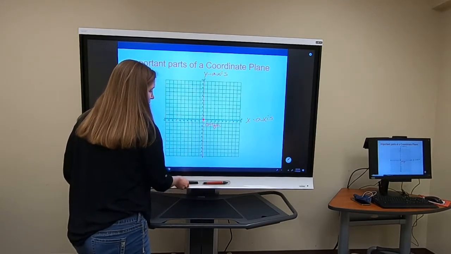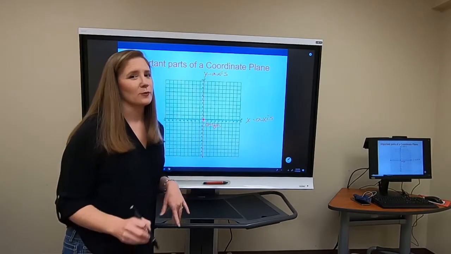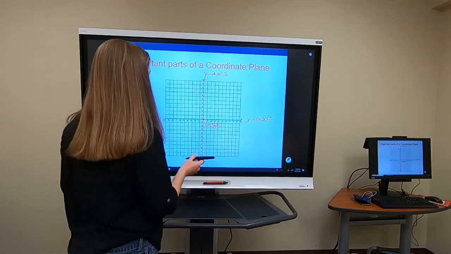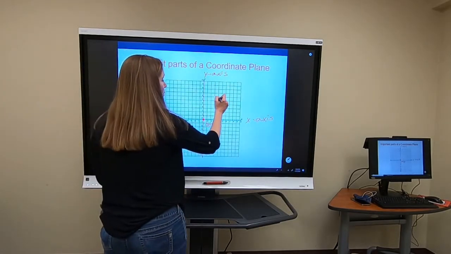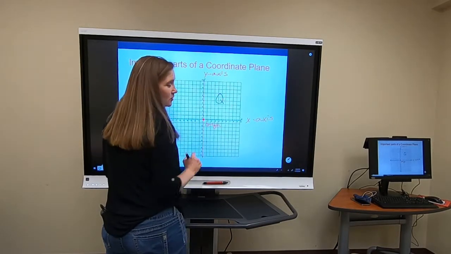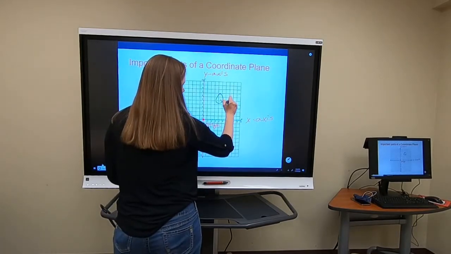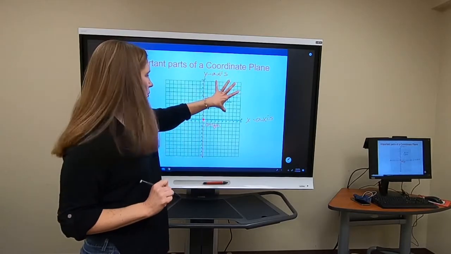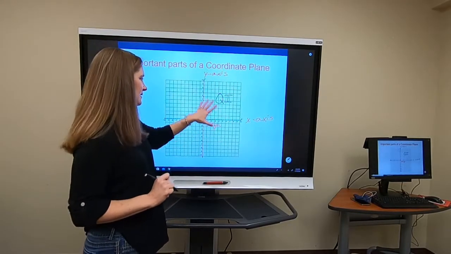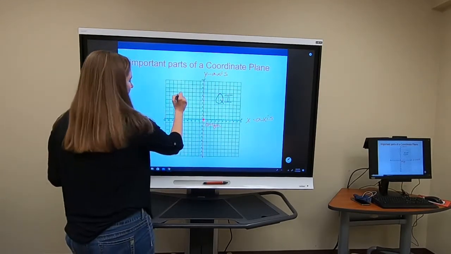Everything you did last year as a 5th grader, but now you're big 6th graders, was in this quadrant right here, quadrant 1. So I'm just going to put a Q there and a Roman numeral 1. Okay? Quadrant 1, that is the positive and positive side.